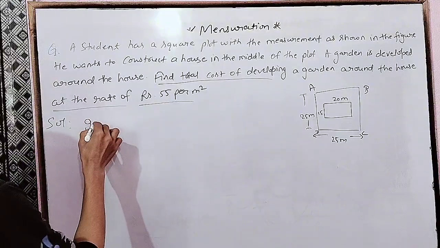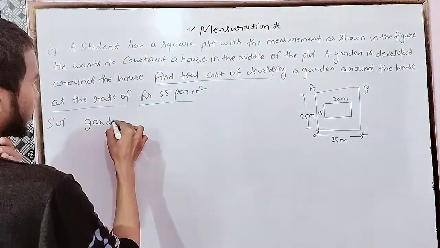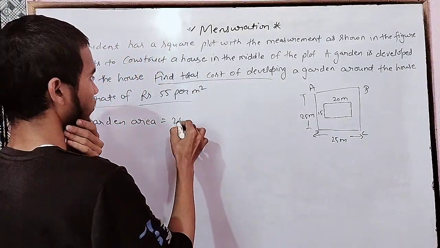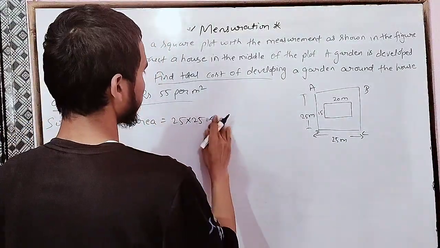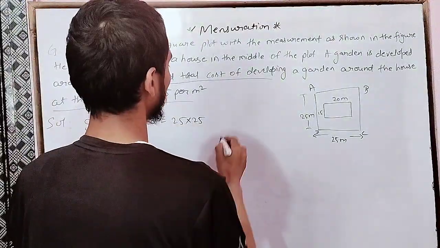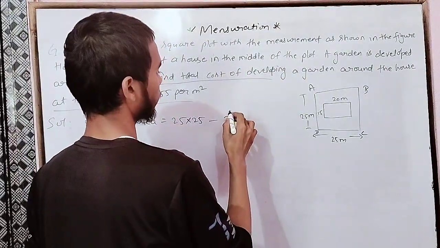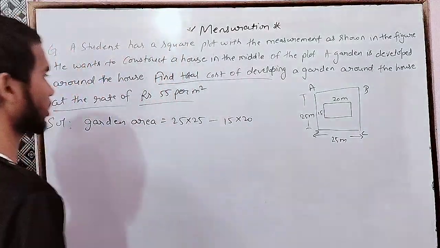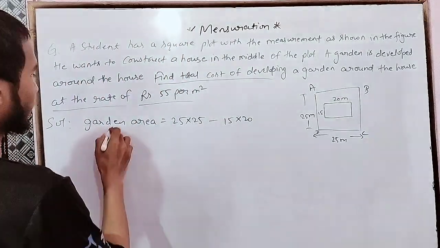So the garden area is 25 multiplied by 25, then subtract 15 multiplied by 20. We are talking about the garden area.